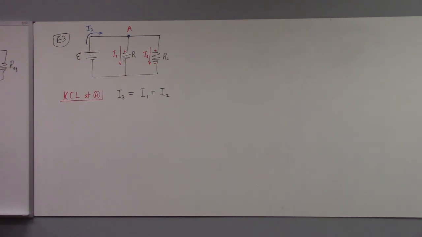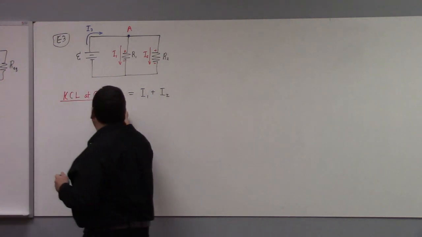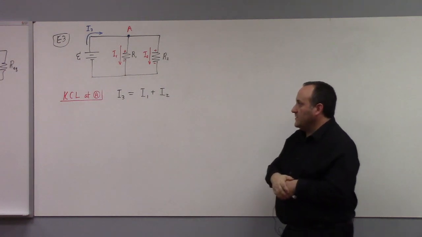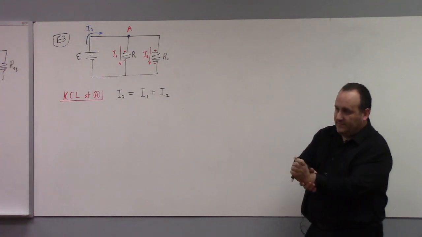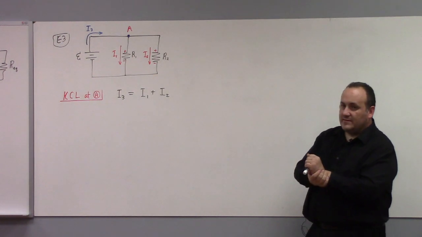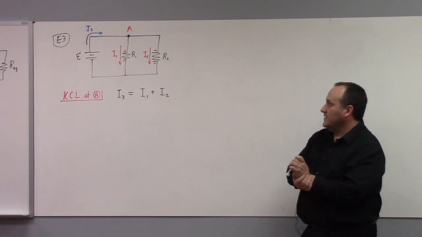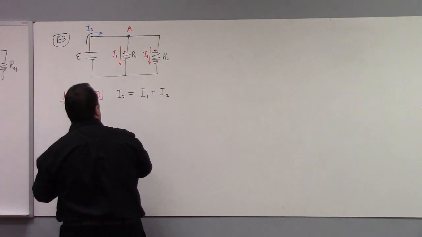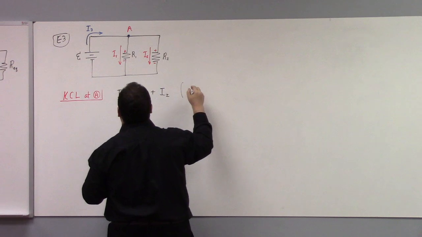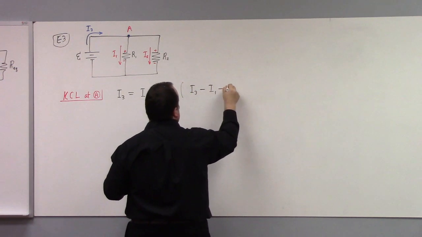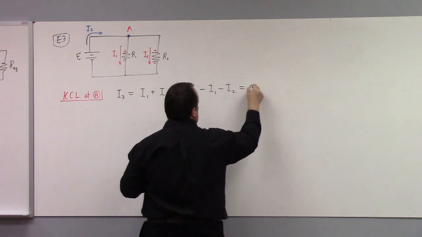So this is the current in is I3, right? And the current out is I1 plus I2. So that's Kirchhoff's current law. The currents in have to be equal to the currents out. Or you could say the sum of the currents into the node is 0. So if I wanted to look at it that way, it would look like this: I3 minus I1 minus I2 equals 0.